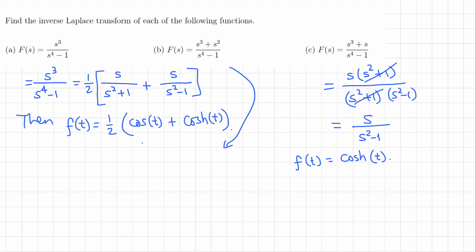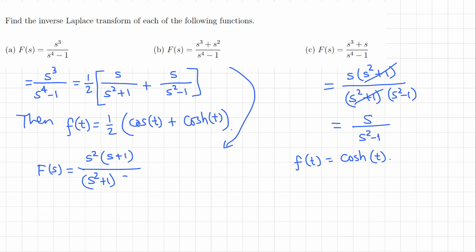Now we need to work on part B. Okay, let's do it over here. Oh, the top factors. Okay, let's see. So here, on the top, we can factor s squared out, that leaves s plus 1. On the bottom, this one factors as s squared plus 1 times s squared minus 1, which can be factored further.